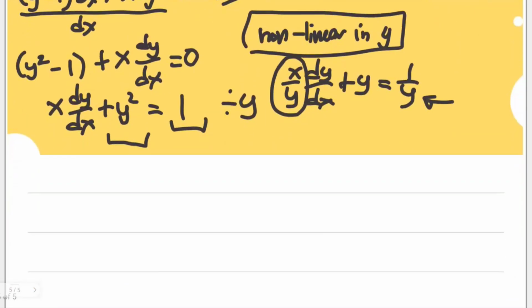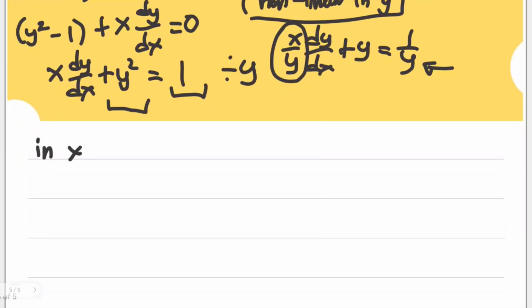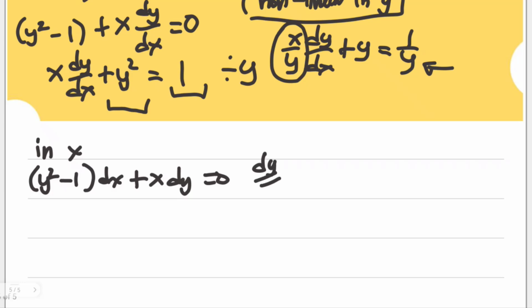Now let's see if it's linear in x. As mentioned earlier, all the variables will be interchanged. So our original form is y squared minus 1 dx plus x dy equal to 0. If it's in terms of x, meaning x is our dependent variable, we will be dividing all terms by dy. So you will have y squared minus 1 times dx over dy plus x is equal to 0. Now we would like to have the form in this manner, so let's divide all terms by the quantity y squared minus 1.